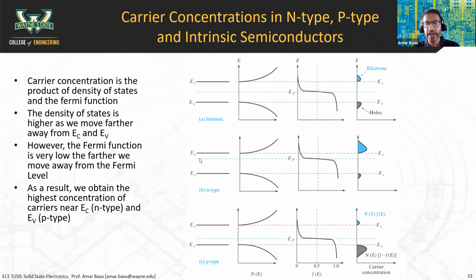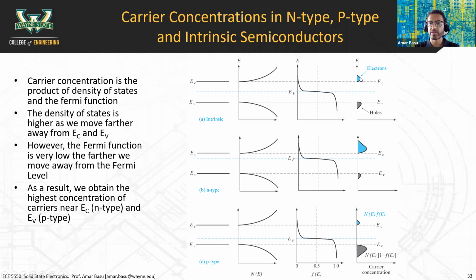Okay. Now for an N-type semiconductor, the difference here is that the Fermi level is closer to the conduction band. So that region of non-zero probability extends further up into the conduction band. As a result, you have a larger chunk of electrons.